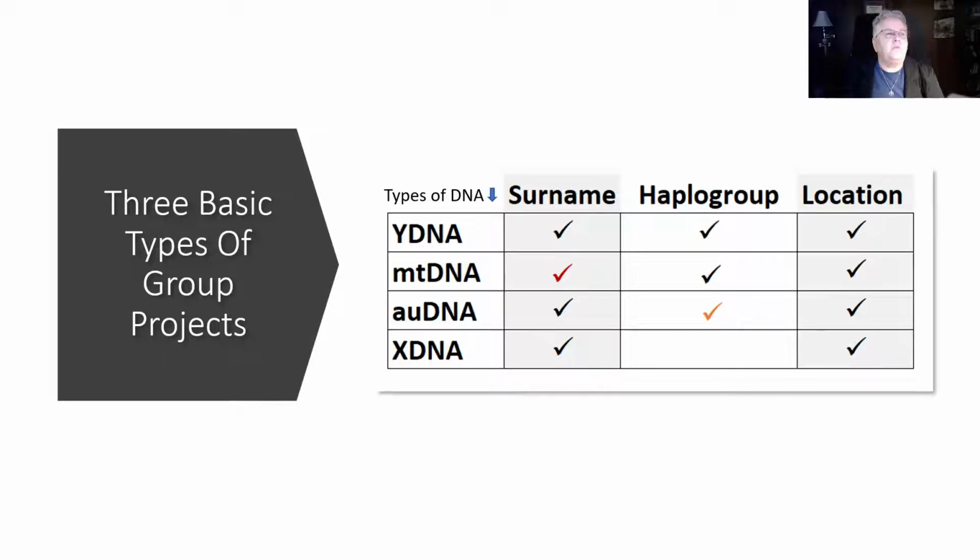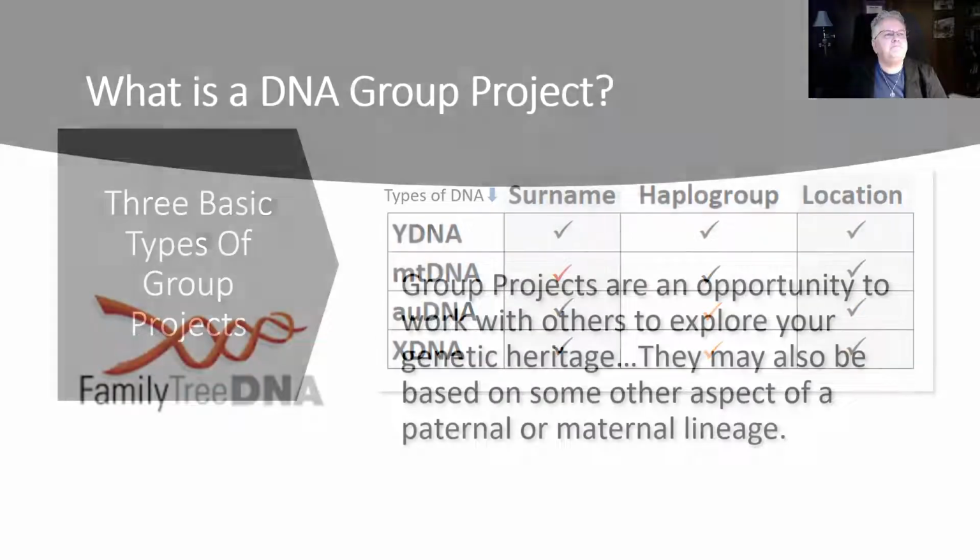And it's the same thing with X-DNA. You want to be able to work that haplogroup information. But for all types of DNA, you can work surname, haplogroup, and location very easily using DNA group projects.